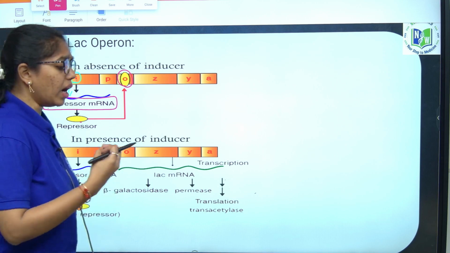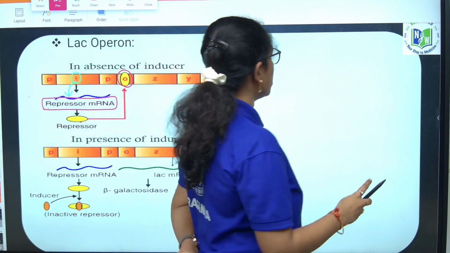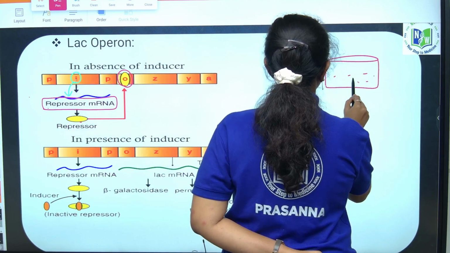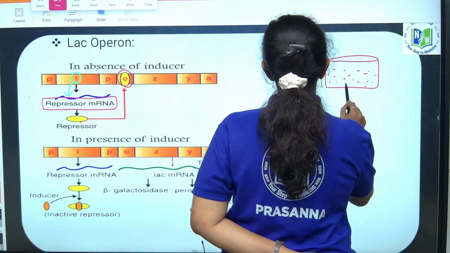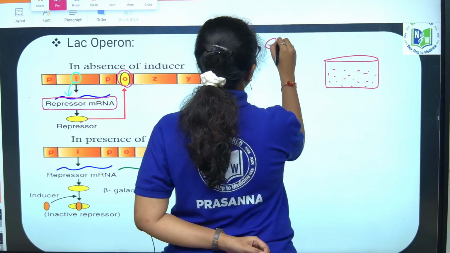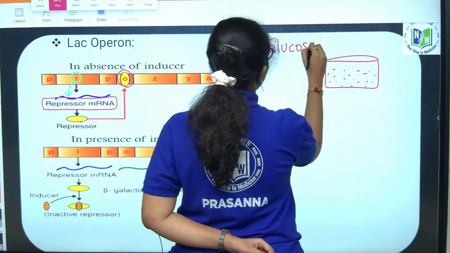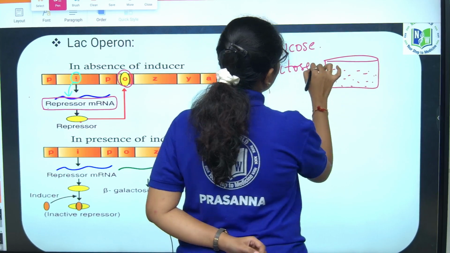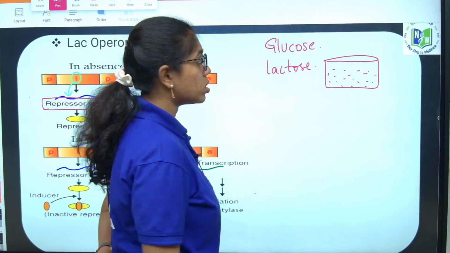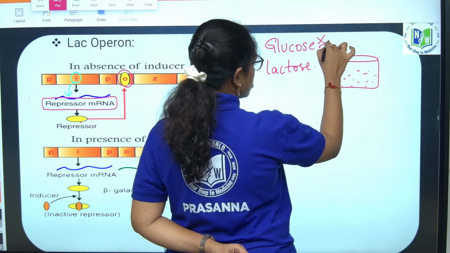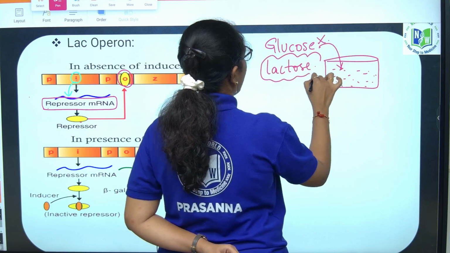Actually, why does a bacterium need lactose? If you take a bacterial culture, for bacteria to grow, it needs sugars, either in the form of glucose or in the form of lactose. As glucose is a monosaccharide, if glucose is given, it will directly take glucose. If glucose is not present, then you will give lactose.